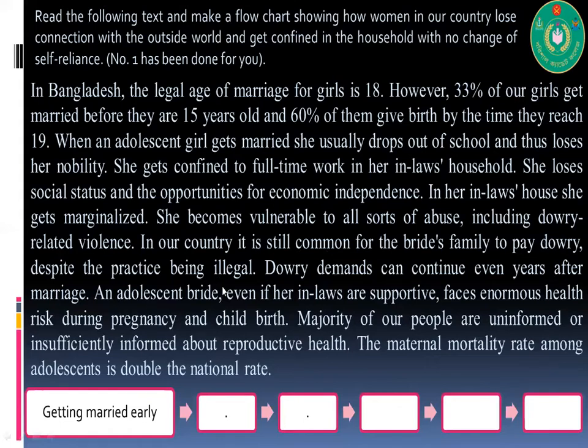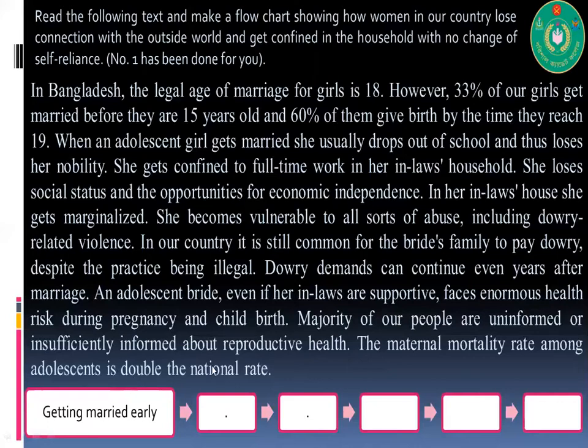An adolescent bride, even if her in-laws are supportive, faces enormous health risks during pregnancy and childbirth. Majority of our people are uninformed or insufficiently informed about reproductive health. The maternal mortality rate among adolescents is double the national rate.